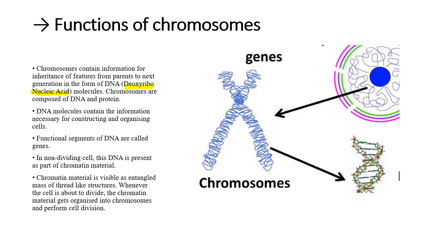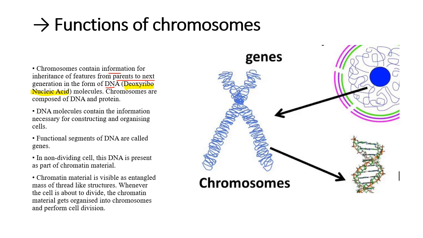Let us see the functions of chromosomes. We all know chromosomes contain information for inheritance of features from parent to the next generation in the form of DNA. So this is the chromosome which will transfer the information from parent to the next generation in the form of DNA.